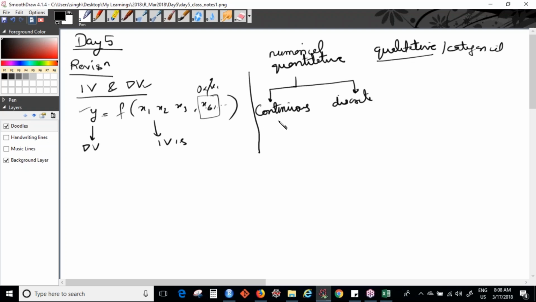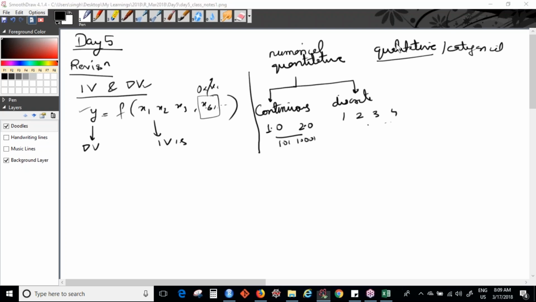Continuous can take any decimal values. Between two continuous numbers there can be an infinite number of other continuous numbers. I can write 1.0 and 2.0, and between these two I can have infinite numbers: 1.01, 1.001 and so on. So this is a continuous number. Discrete, on the other hand, will take only whole numbers. So these are discrete numbers.